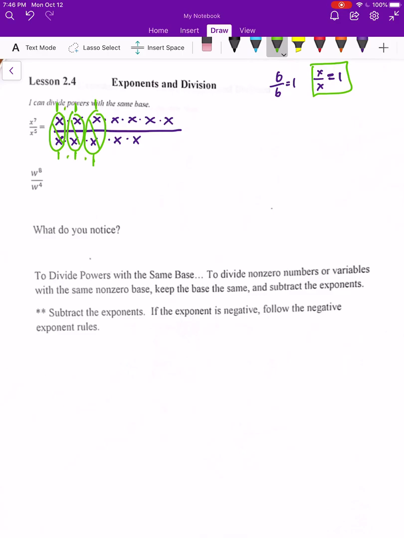And of course I can put these multiply signs in between because that still remains the same. These cancel each other out, and it'd be times 1 over 1. And these cancel each other out, and it's times 1 over 1. And then I have an x and an x.